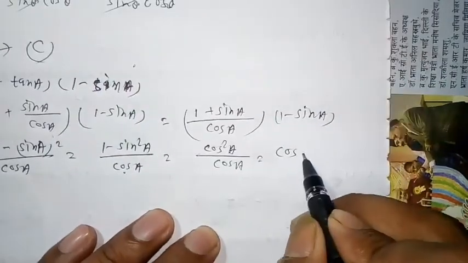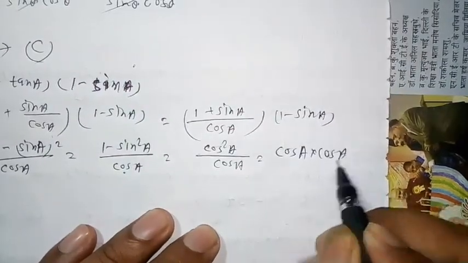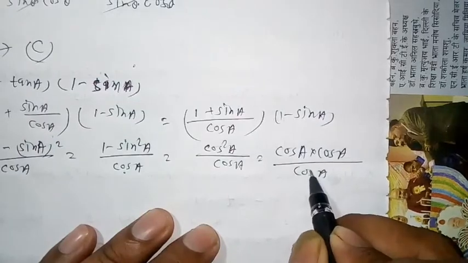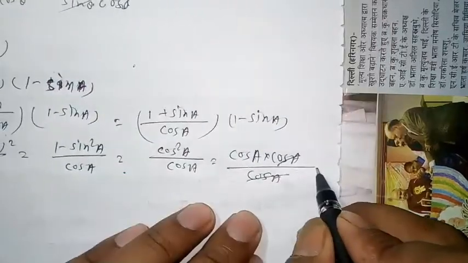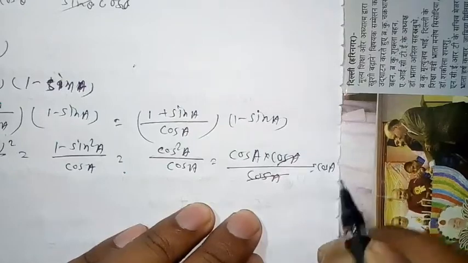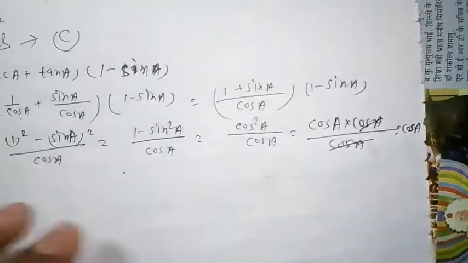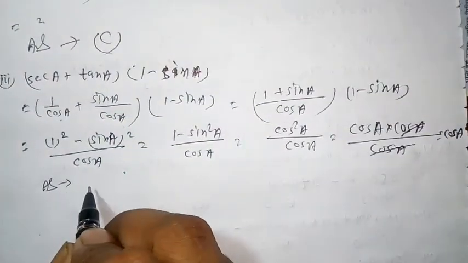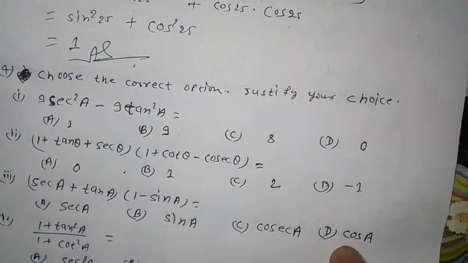Cos square a is cos a into cos a by cos a. Cos a cancels, is equal to cos a. So your answer is cos a, D.